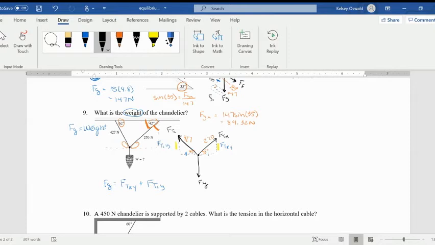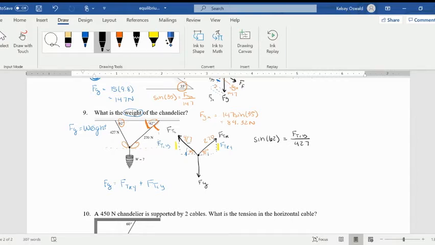If we look at that left triangle first, we know our hypotenuse is 427, and we know our angle is 62. So if we're trying to find the opposite side, we're going to want to use sine. The sine of 62 is equal to that y component divided by our force of tension, or 427.